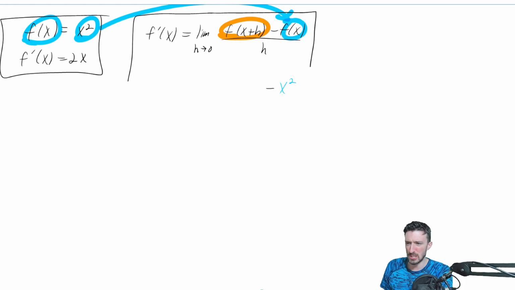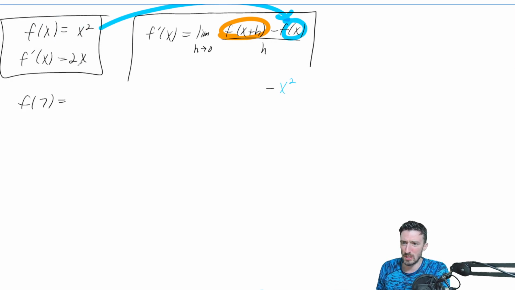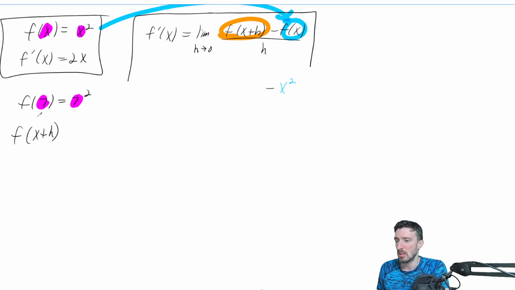But f of x plus h, that's a little weird. Imagine I only asked you for f of 7. Well, the first thing that you would do is you would just notice that you're now replacing your x with 7. So you replace this x with 7, and you would have 7 squared. But we're just going to want to get f of x plus h.